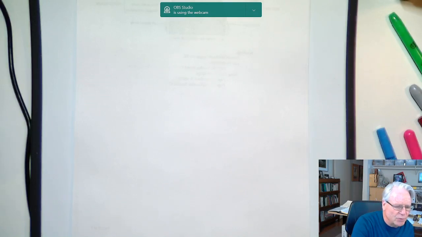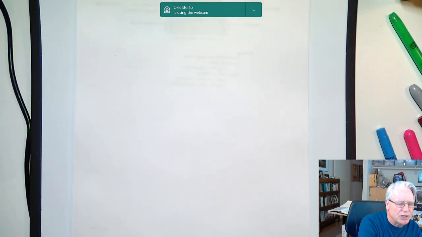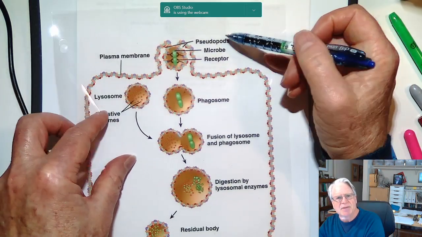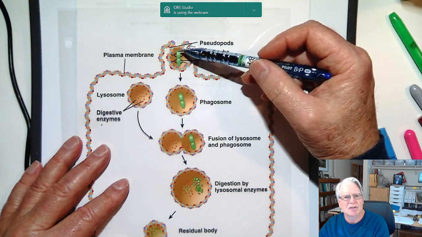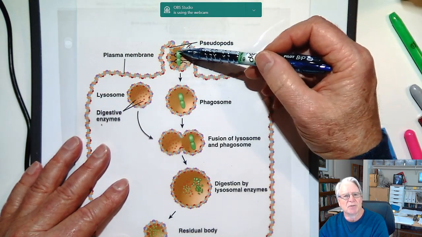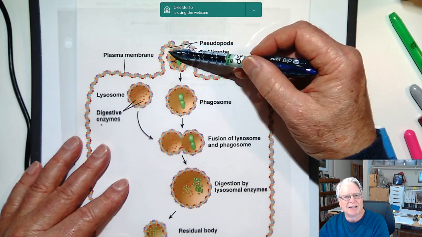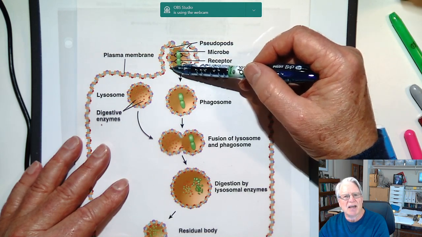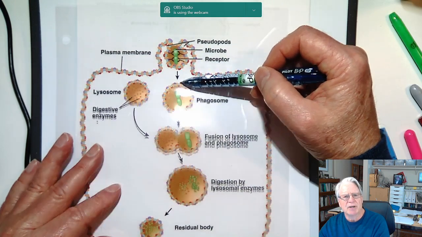There are a couple of other ways that this can play out. For example, phagocytosis is basically the same thing, except we're talking about a very large structure now rather than smaller things. So something like a microbe. We're going to bring that in. Again, we're going to use a membrane sac, capture that, and bring it into the cell.